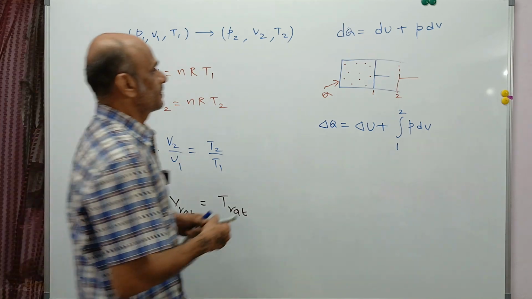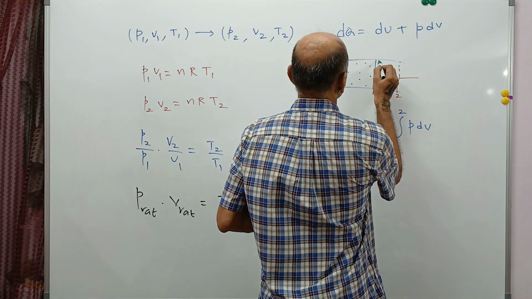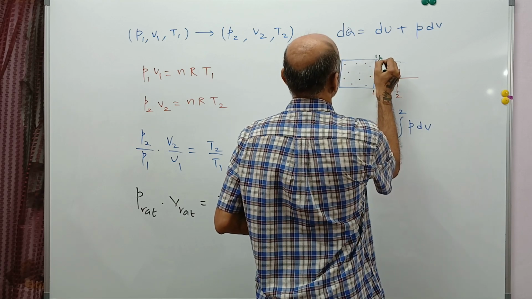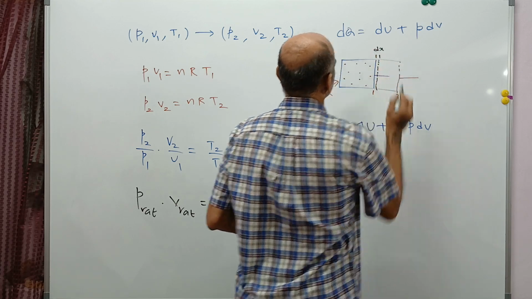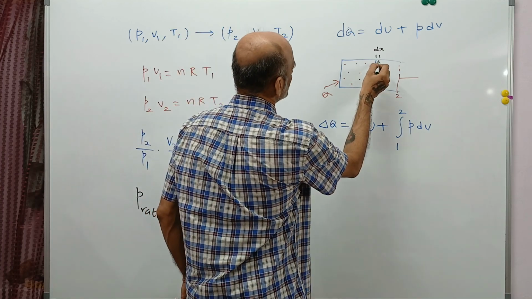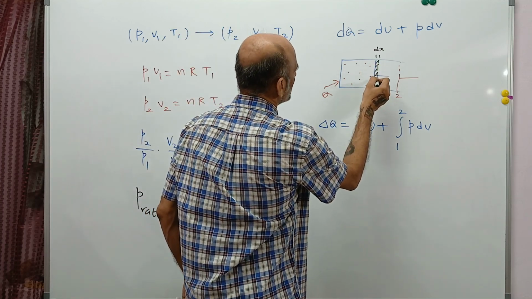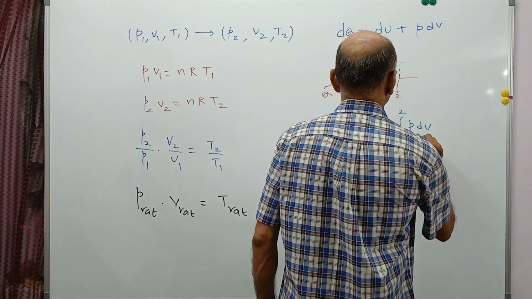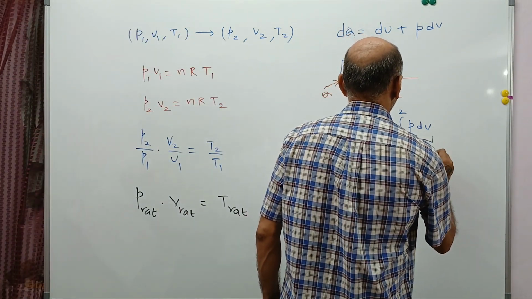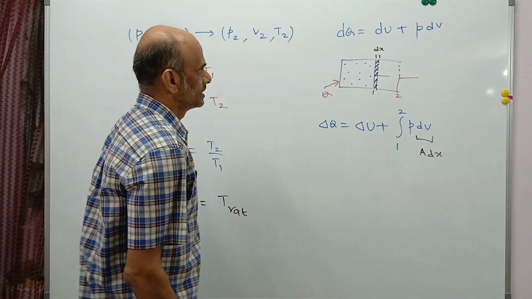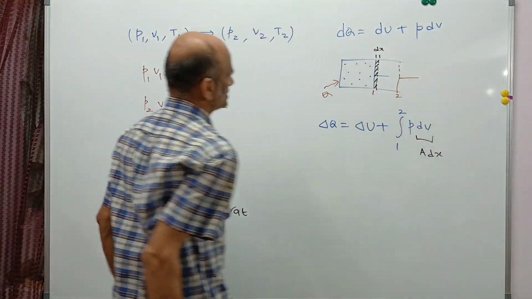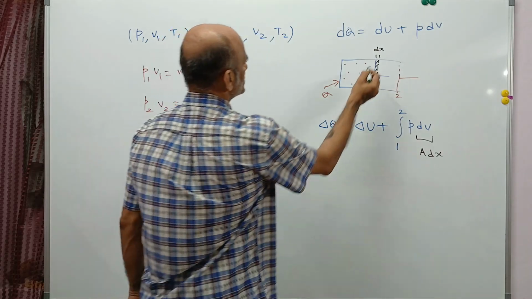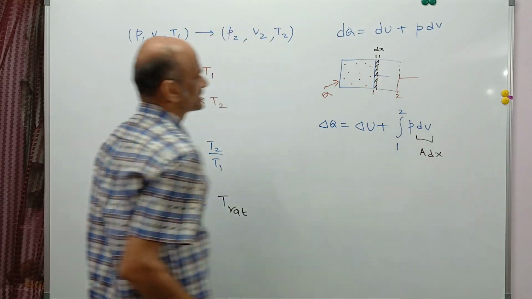When this piston moves by a small distance dx, this is the increase in volume dV. So this dV can be written as A into dx. A is the area of the piston, let it be a circular piston, and the distance moved is dx. So the increase in volume is the volume of this region, which is A into dx.